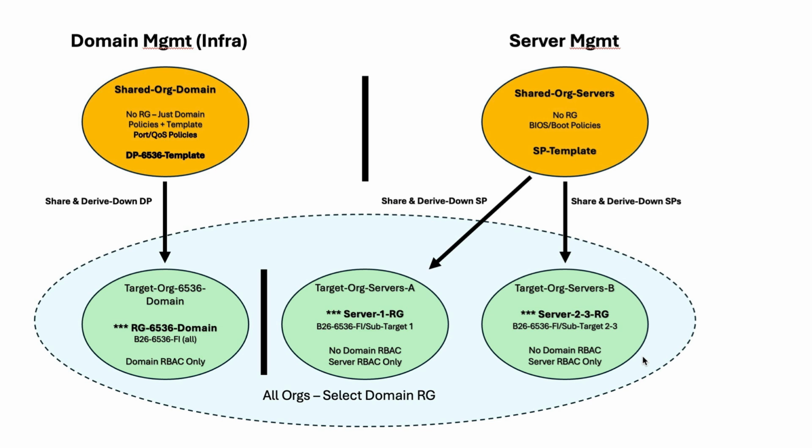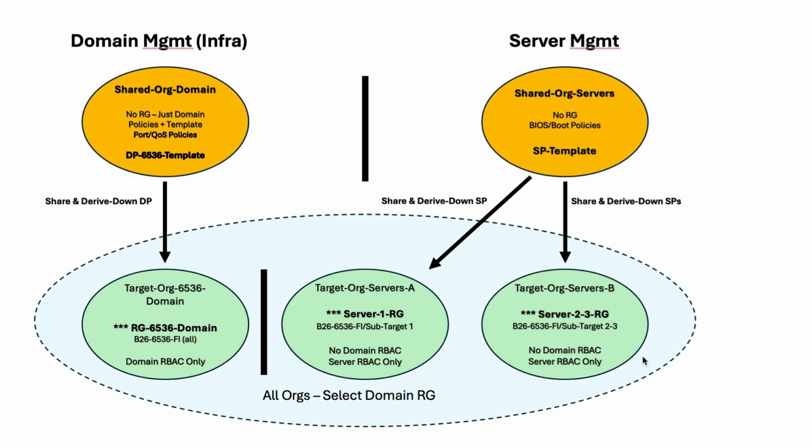And then on the other org, I have another resource group where I've added the remainder couple servers I have in this domain. It's a small domain. And again, I've selected sub-targets 2 and 3. Since one was over here, I selected 2 and 3. No domain RBAC, but of course the server admin role applied here.